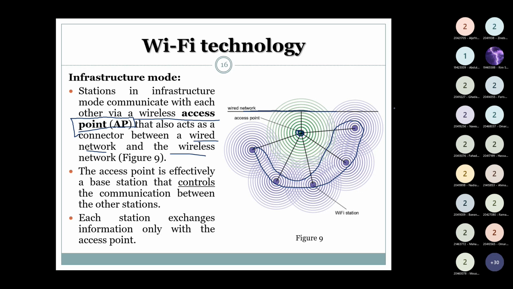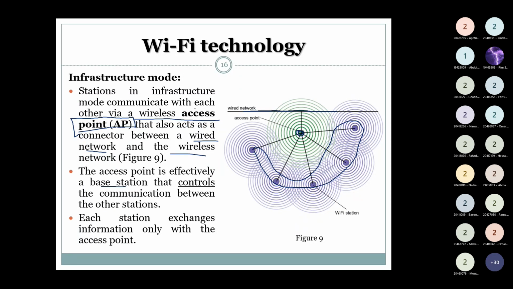There is a Wi-Fi access point that you connect to, and this access point will connect you to the network using a wired network. So the access point is effectively a base station that controls the communication between the other stations, and each station exchanges information only with the access point. If you need to communicate with others, you communicate with this access point, and it will forward your traffic to the other networks using the wired network.